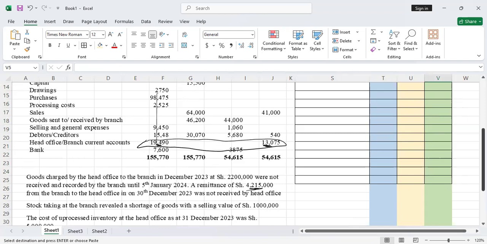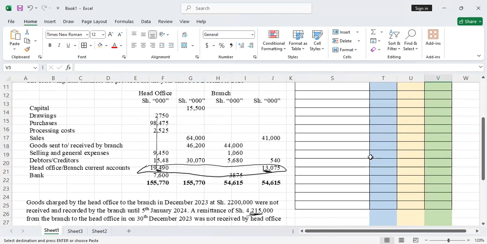Let us identify the balance sheet items. Capital, drawings, and the other ones are debtors, creditors, and then bank. We don't have many items. So let us have that.